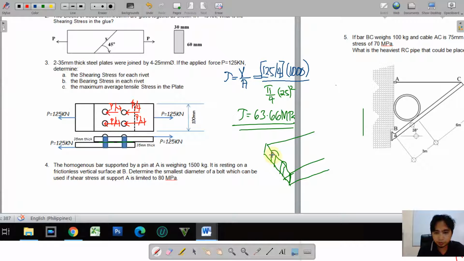So here it is. This is the contact area. Okay, so we know that this is the diameter and this is the thickness. So by that, we'll just have to apply this: bearing stress is equal to the bearing force over the bearing area.